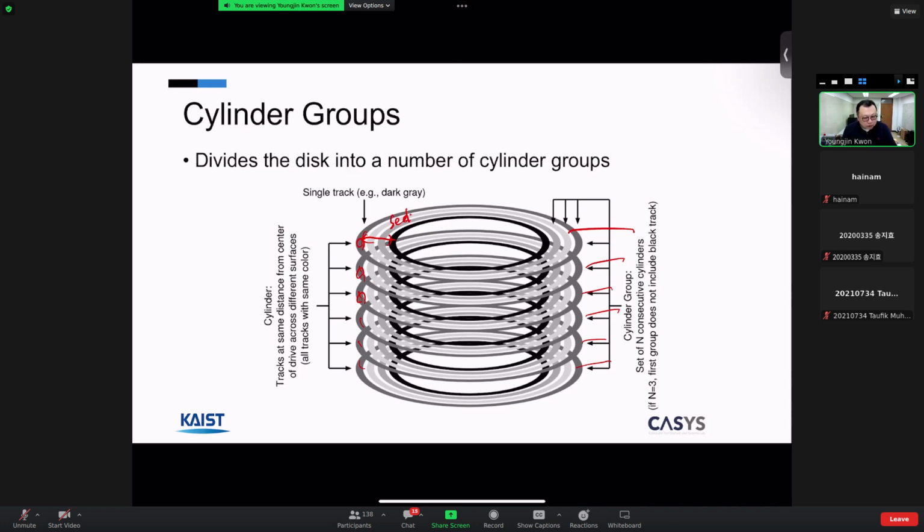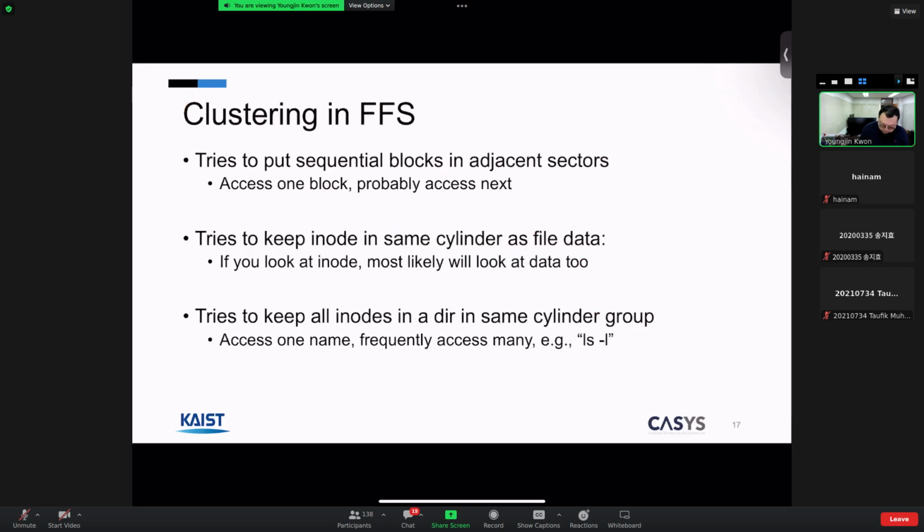Using this information, you can allocate inode and data into a cylinder group. Let me specify this: it is called clustering. FFS allocates sequential blocks into adjacent sectors, so if you access one block, you will probably access the next.